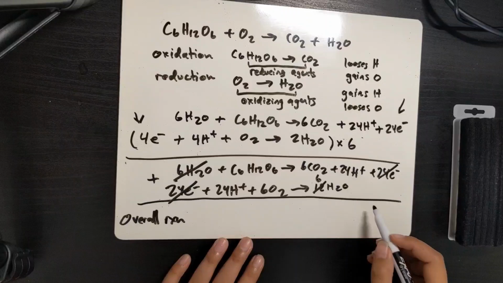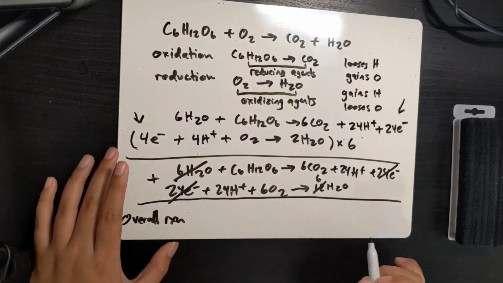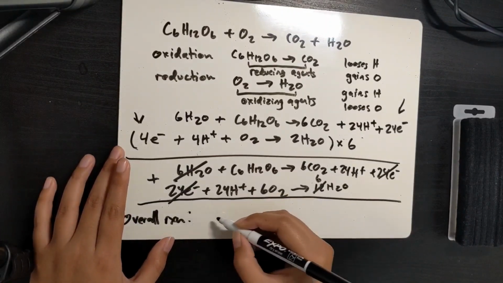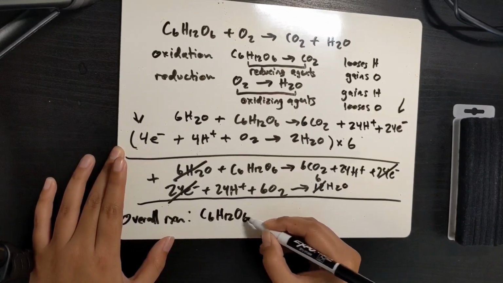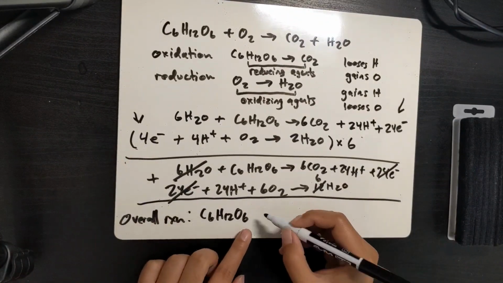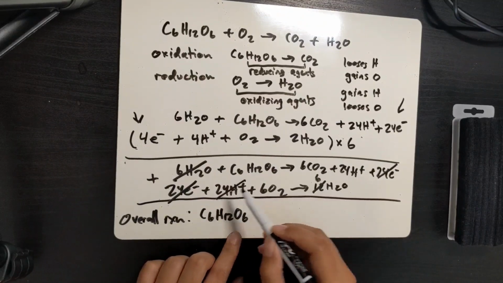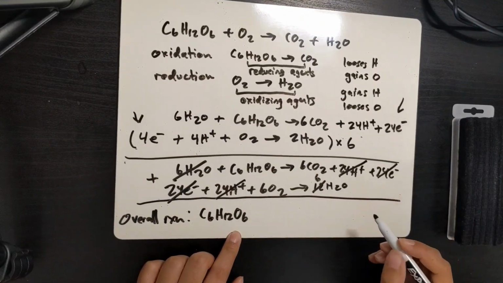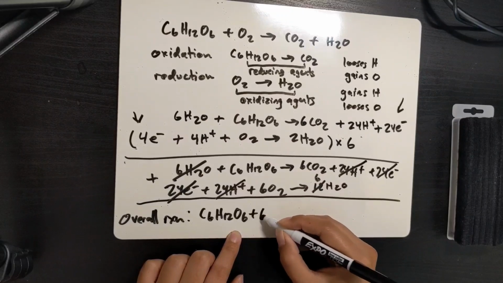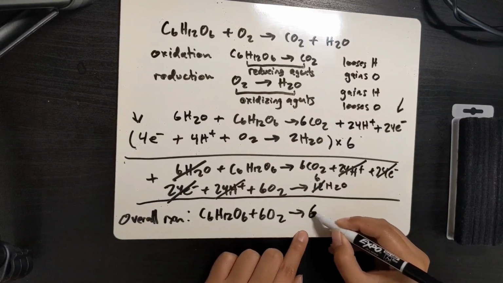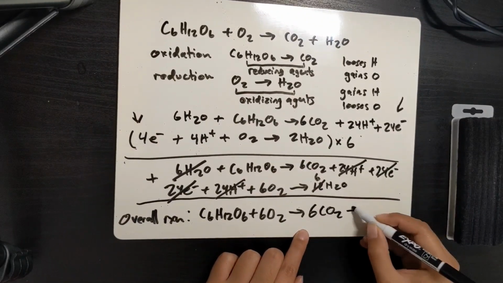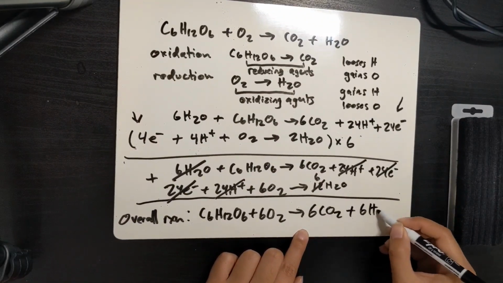So we can write 6 H2O on the right side of the equation. Since nothing cancels our C6H12O6 out, we can write it in our overall reaction. Our 24 H+ also cancels out, and we keep our 6 O2. And on the right side, we have 6 CO2 plus 6 H2O.